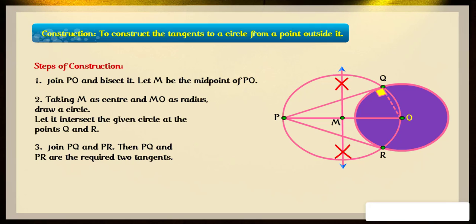Then angle PQO is an angle in the semicircle, and therefore angle PQO is equal to 90 degrees. So we can say that PQ is perpendicular to OQ. Since OQ is a radius of the given circle, PQ has to be a tangent to the circle. Similarly, PR is also a tangent to the circle.